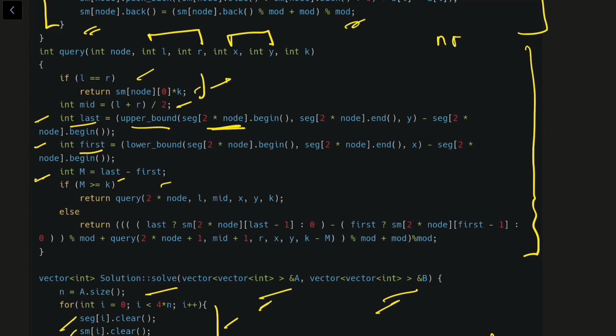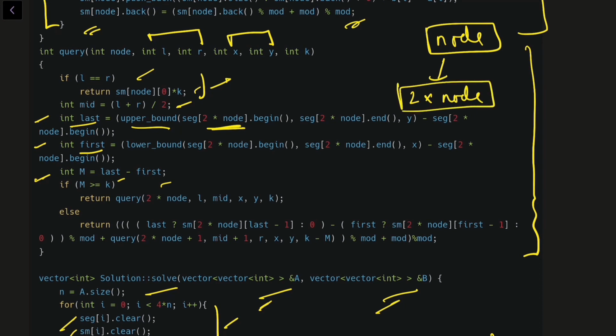So when we are in any node, and when we talk about 2 into node, we are actually talking about the left child. Since we are querying on 2 into node, we are actually counting how many elements lie between range x to y in the left node, right?